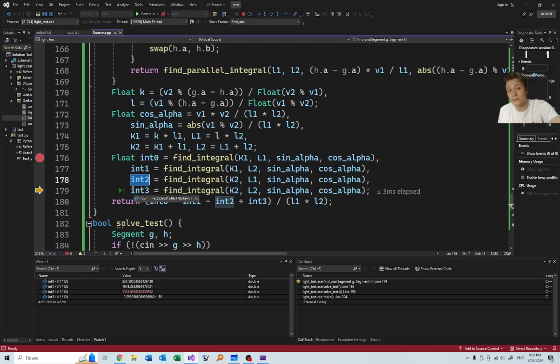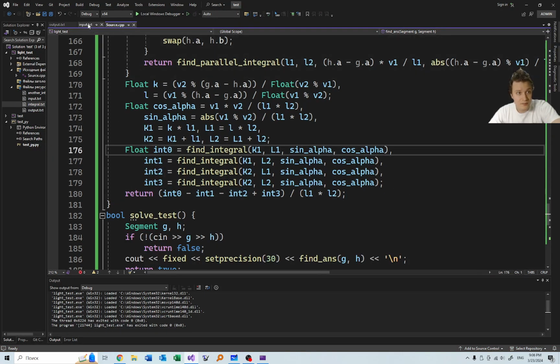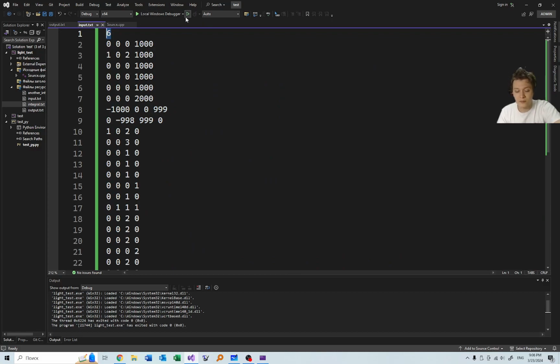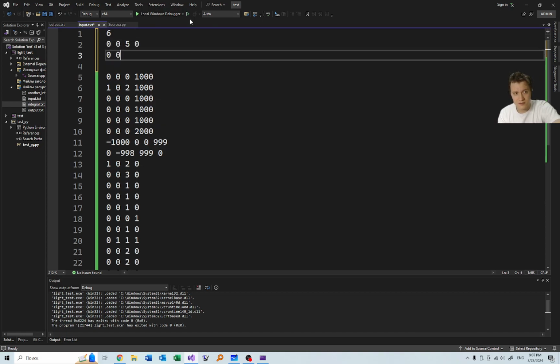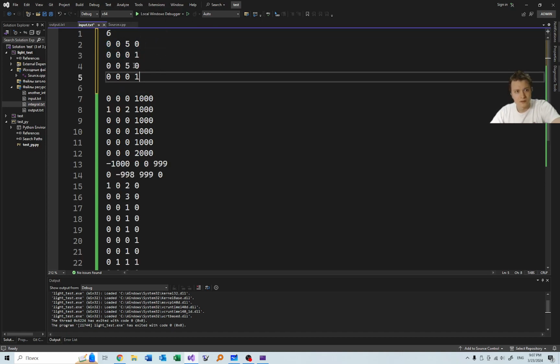Let's put it simpler, in the case when there are two perpendicular segments. So I have segment 0, 0, 5, 0 and 0, 0, 0, 1. And vice versa, like this.